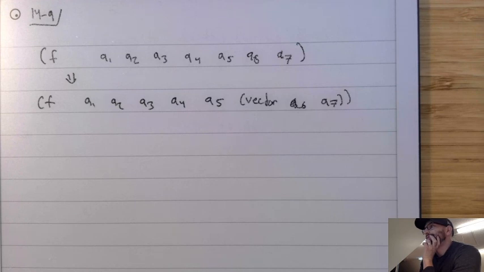Okay. The next step is to modify our RCO pass. So the only thing that we really need to do with our RCO pass is that we need to change function applications.